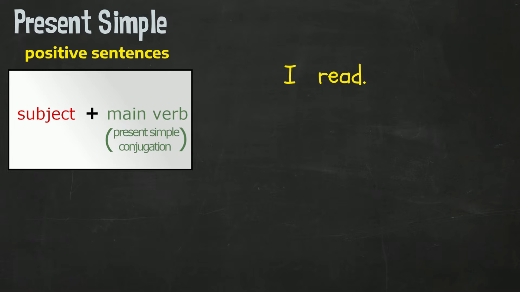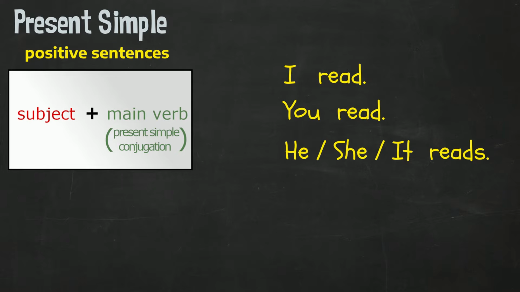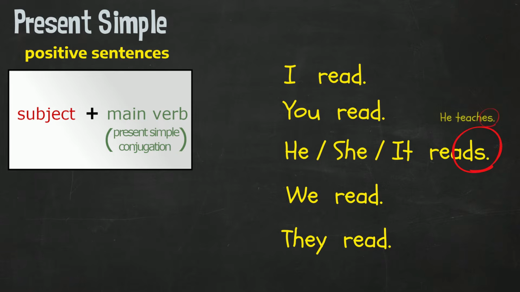Here are some sentences in present simple with the main verb read. I read, you read, he, she, it reads, we read, they read. The only thing we need to remember is to add an S or an ES, depending on the word, for third person singular.